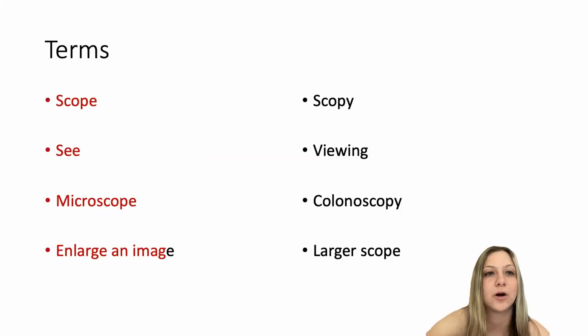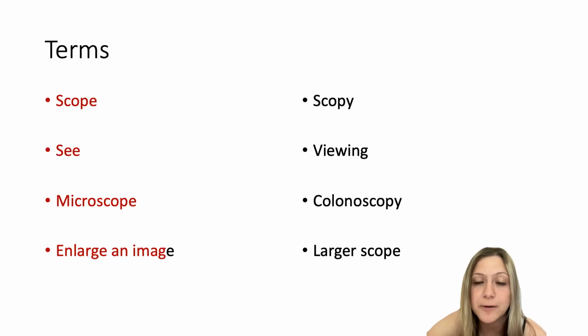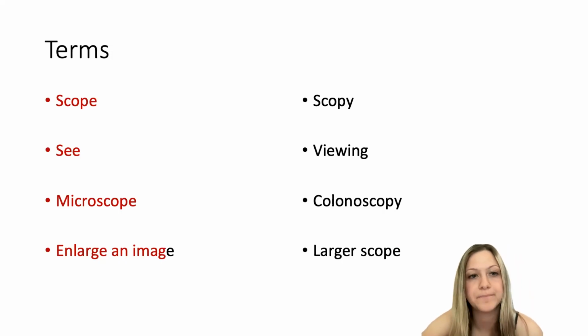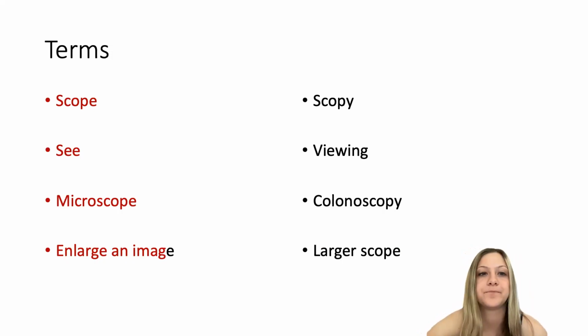The other terms are scope and scopy. Scope means see, and then a word that I came up with for scope was microscope. And the meaning is to enlarge an image. For scopy, the definition is viewing, and the word I chose was colonoscopy, which means just a larger scope.